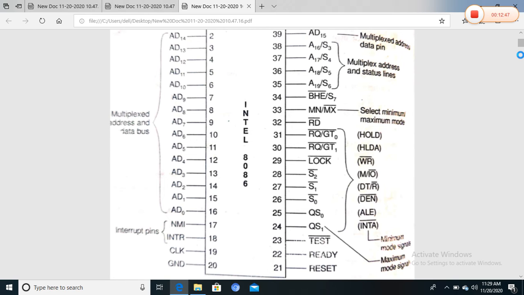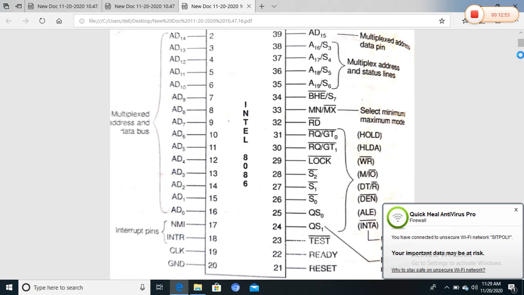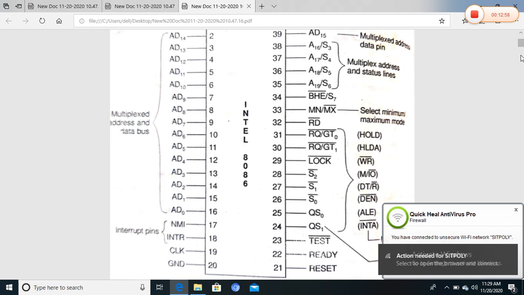And S7 is time multiplexed, transmitted on this line.